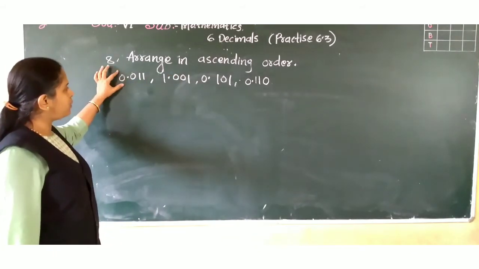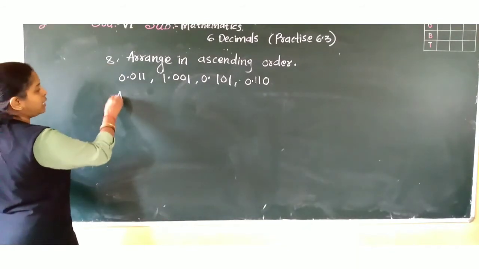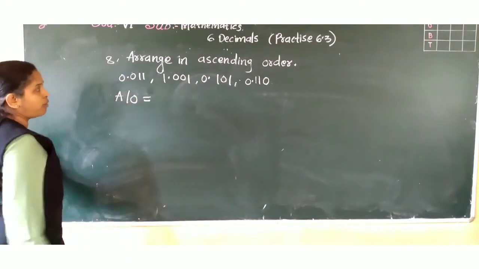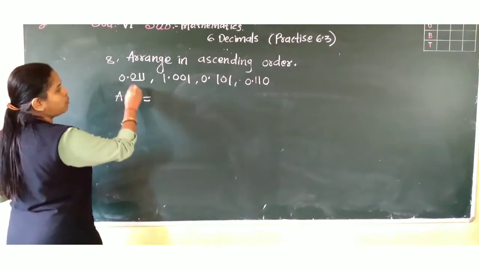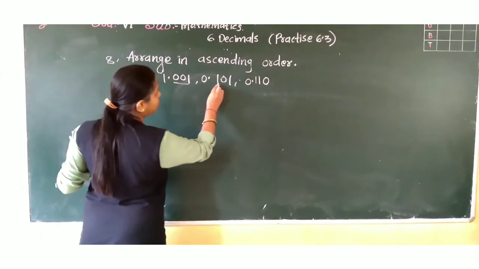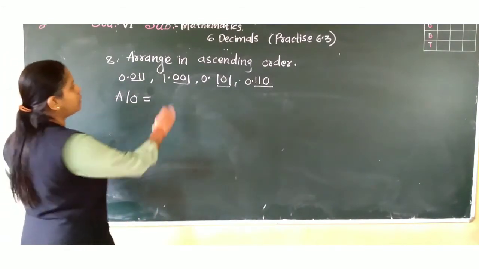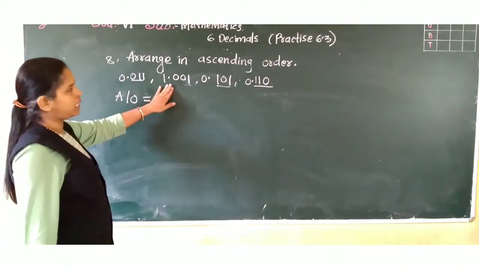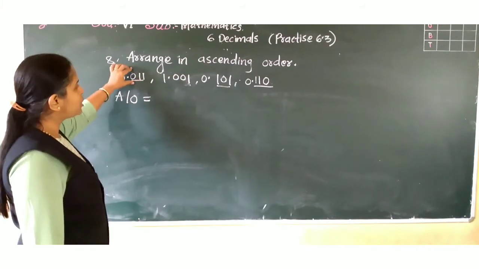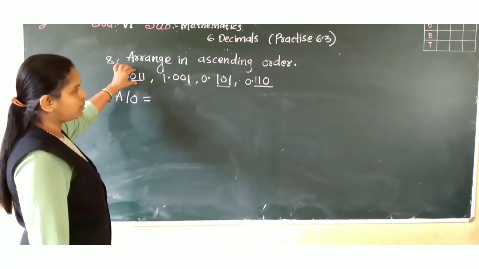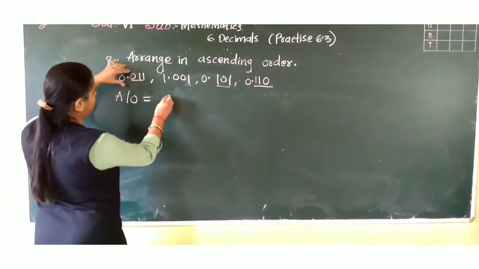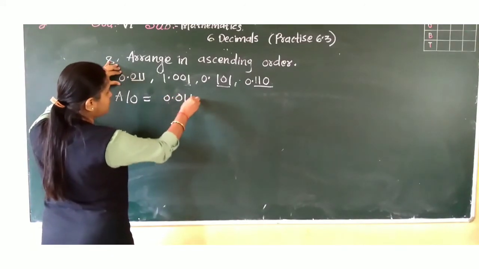Now compare. We want ascending order, means the smallest number we want first. Now compare 011, 001, 101, 110. This we will not, because this is the greatest one. No? Now compare. Which is smallest? Look at here. So 0.011 is smallest.